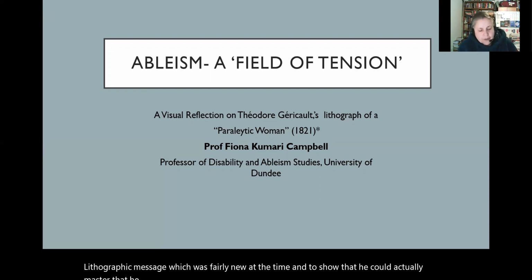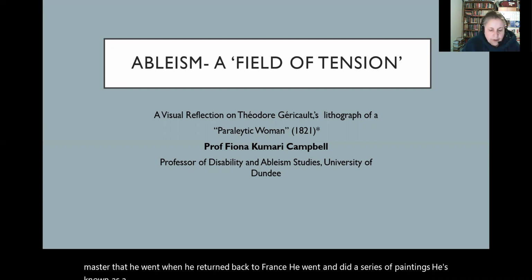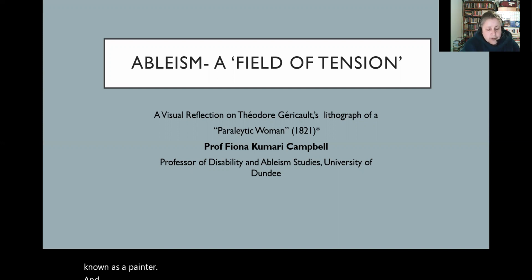When he returned back to France, he went and did a series of paintings. He's known as a painter. In 1821, he actually started 10 portraits of the insane. And that was in the form of what's called expressive realism.